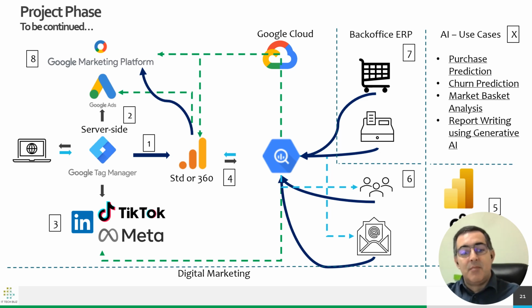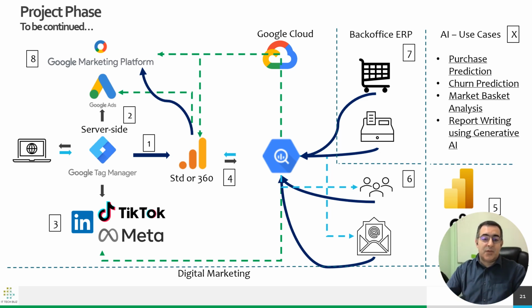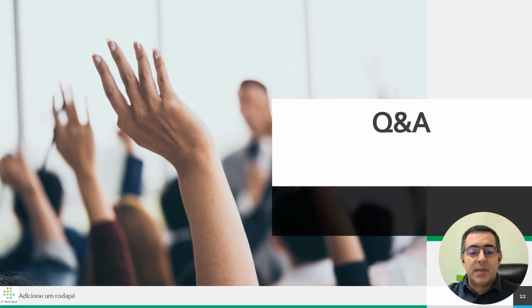Maybe you cannot send all the data. Of course, I understand, and there's compliance as well. But because it's server side, you can decide which data comes to these specific networks, what you're trying to send.